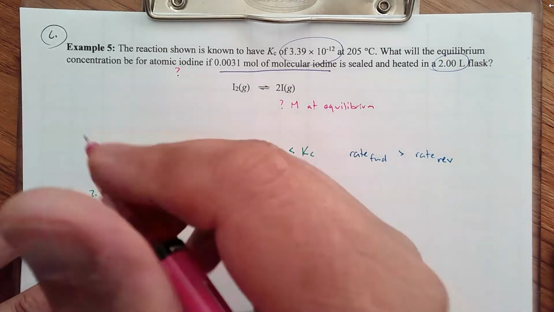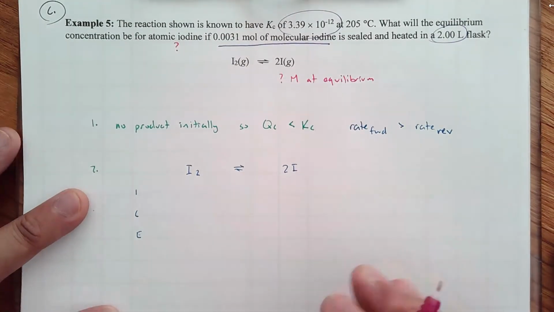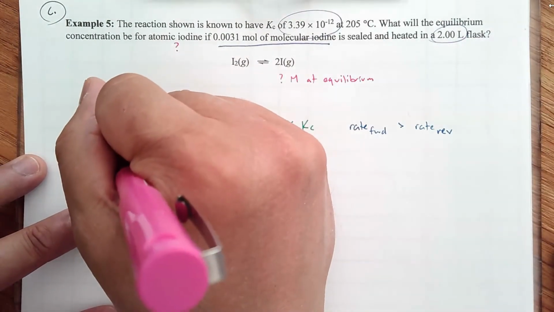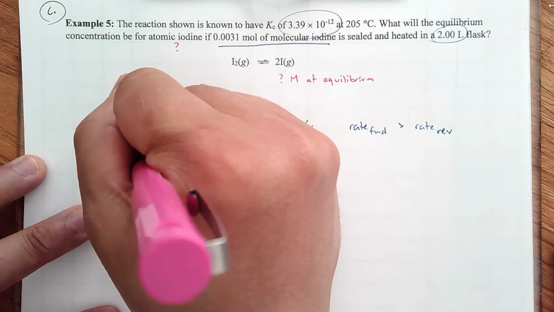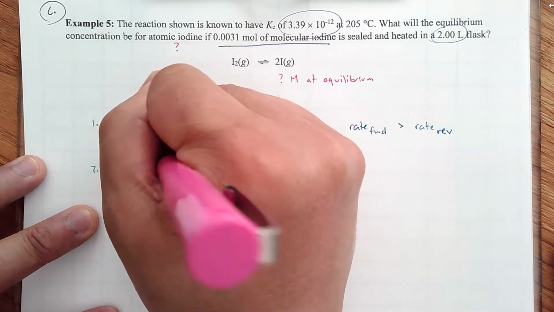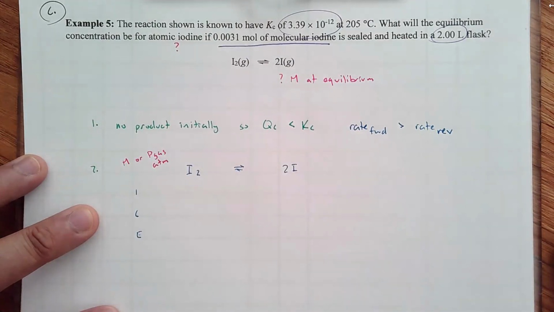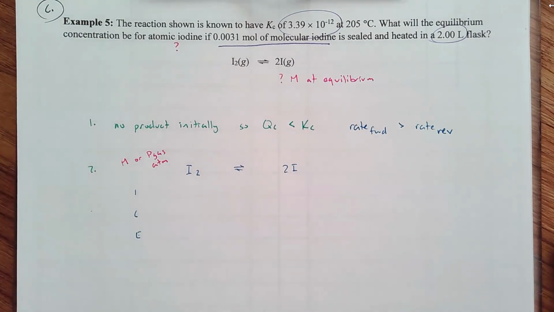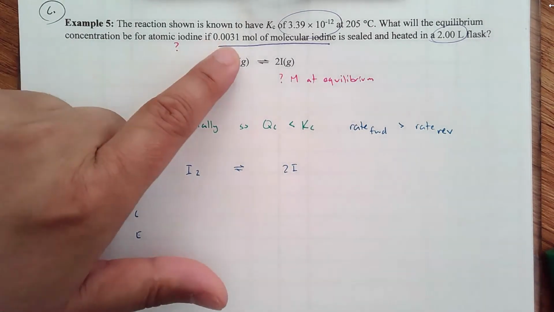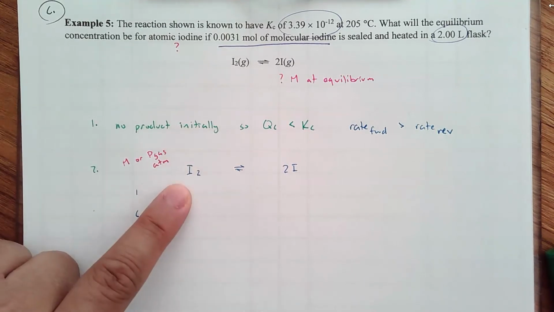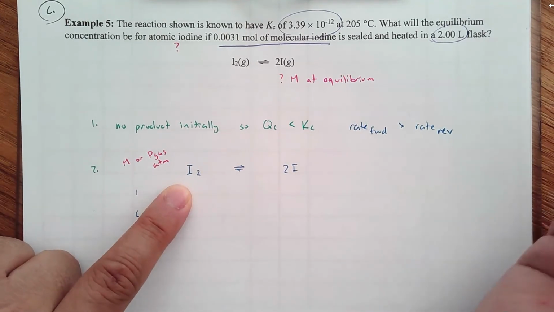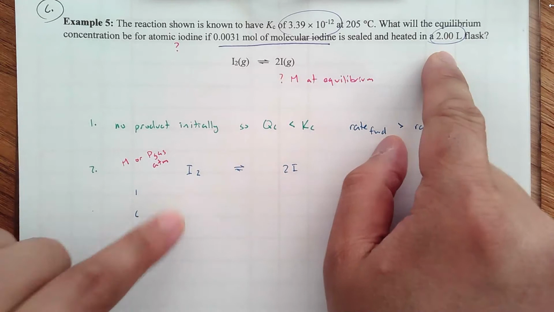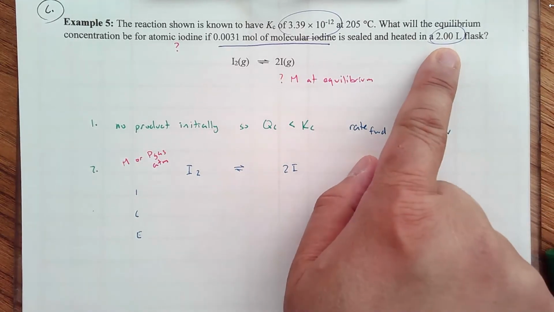So I've tried to emphasize in the past when you do an ice table, really try to only use molarity or the partial pressure of a gas in atmospheres. Okay, so we have molarity. We actually don't have molarity. We have the moles of I2, but to get the concentration, it's moles per liter. So we are using the volume of the flask.